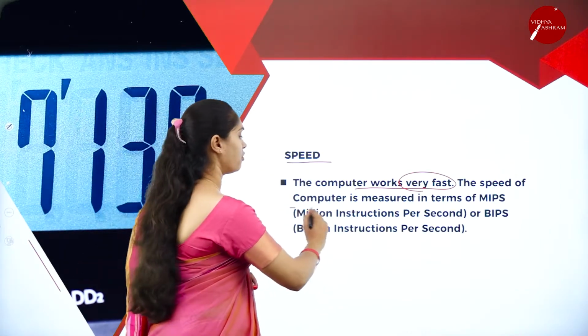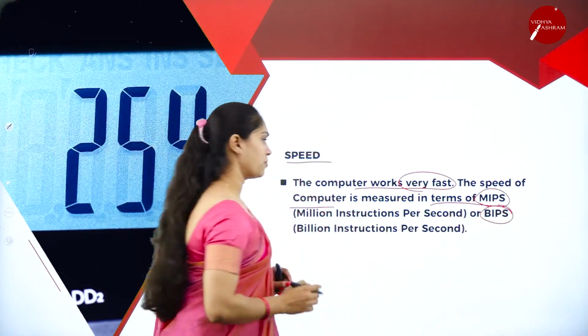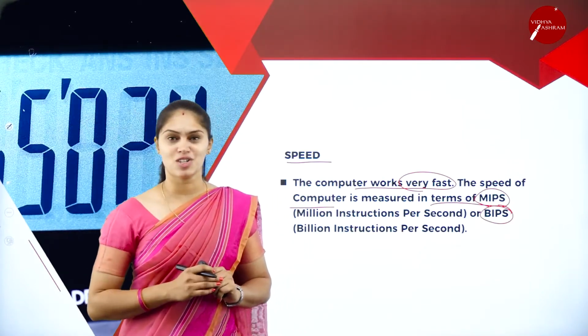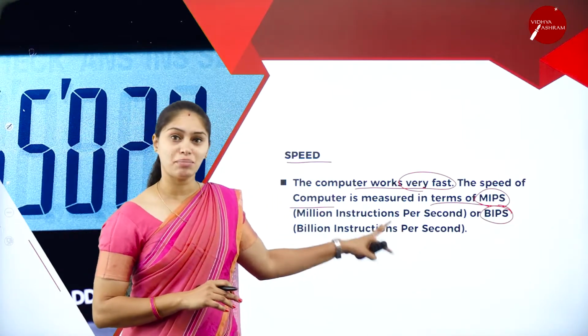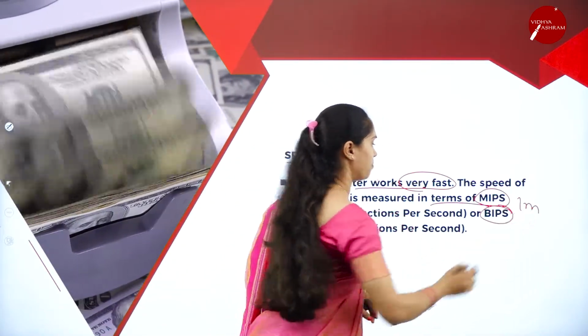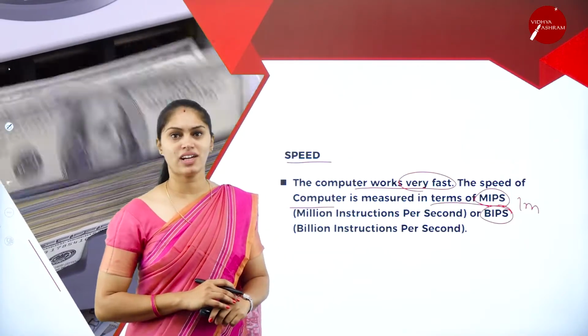So the speed of a computer is measured in terms of MIPS or BIPS, that is million instructions per second, then billion instructions per second. And this abbreviation is also important for a 1 mark question. Expand MIPS and BIPS. So this is regarding the speed of a computer.